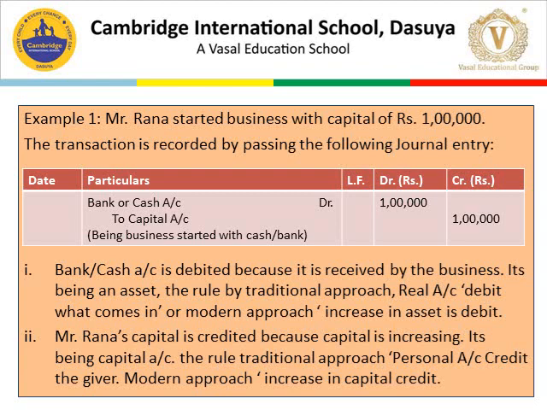So Mr. Rana's capital account, that is why capital is credited. By modern approach, increase in capital is credit. So whatever approach you want to apply, you can apply as per your wish. So hope you all understand the first example of journal.